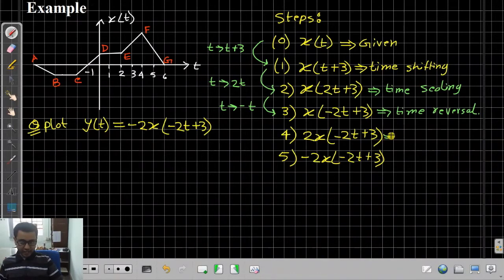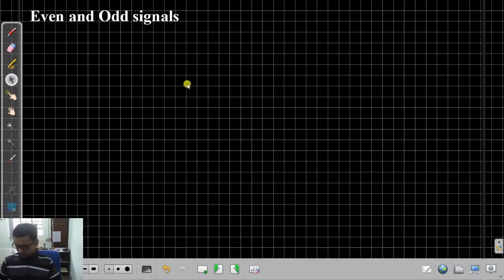Okay, and then amplitude scaling, and so on. You may remember this order of steps, although that is not necessary. If you carefully note what you are doing to this variable t, you do not need to remember, but you may remember this order so that you do not make a mistake.